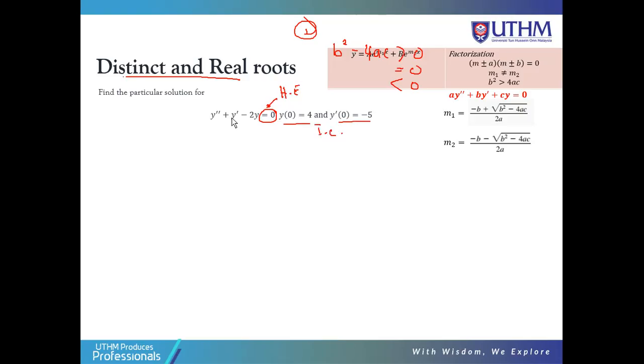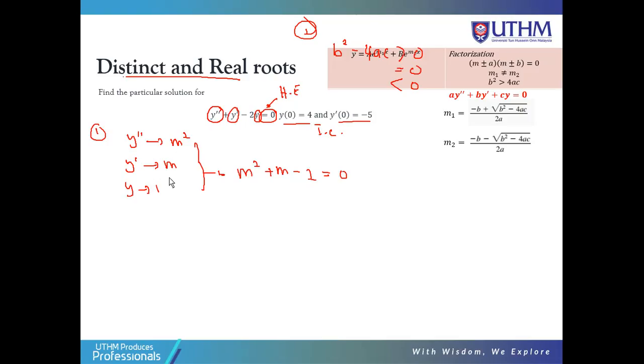For step 1, y double prime you need to change to m square, y prime you need to change to m, and y you need to change to 1. By using this substitution, you get m square plus m minus 2 equal 0. This is the first step.